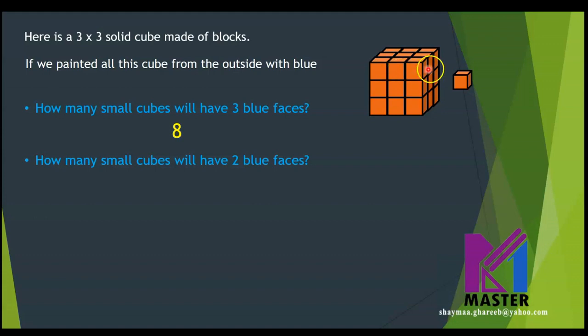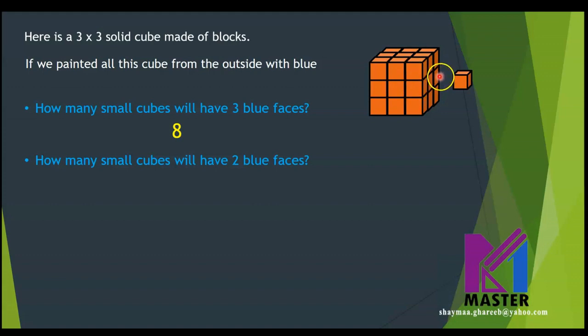Can you find how many of these cubes are inside this big cube? Yes, we can say that this one and the one opposite to it here, and this one and the one opposite to it here. So in the first layer of this cube, I have 4 small cubes.